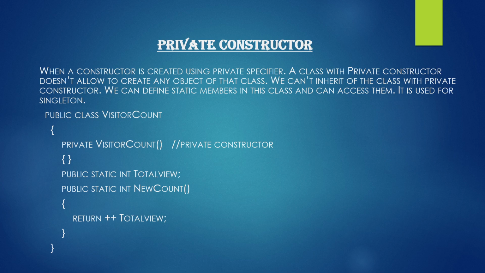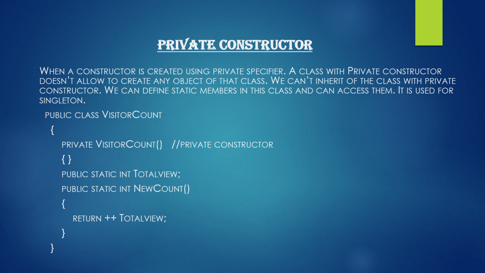So if we don't want to allow creating objects of any class, then in that case we can define the constructor of that class as private. This is the example we are using here, public class VisitorCount. Suppose we want to display the number of visitors of any website, so in that case we can use this private constructor class.